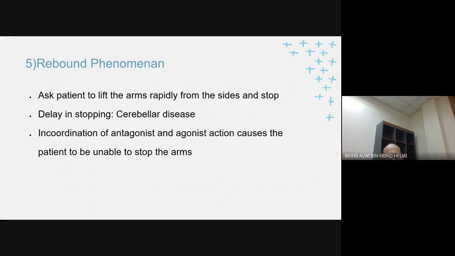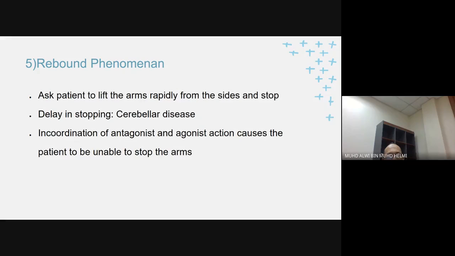Rebound phenomenon. This is quite easy to do now. They've got delay in stopping. And remember, in patients with basal ganglia problems, for example Parkinson, they also have a problem with this. We don't call it rebound phenomenon; we call it bradykinesia. They are unable to stop or initiate movement abruptly because of the basal ganglia problem, not an extrapyramidal problem.